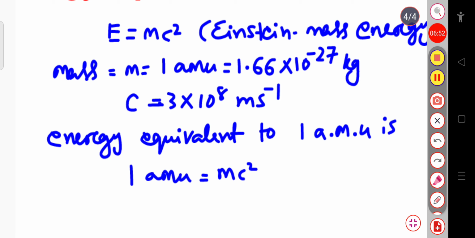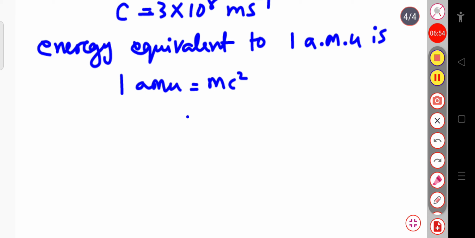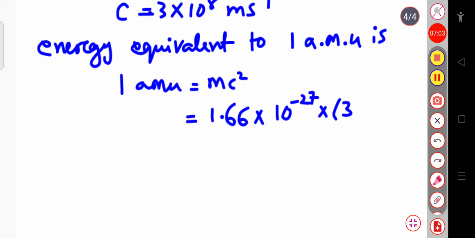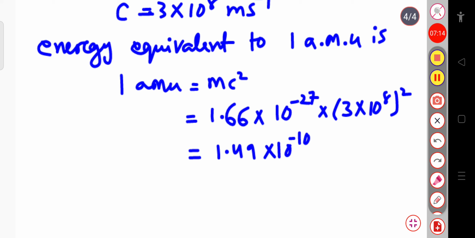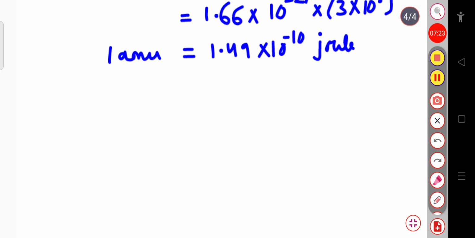For the mass I put 1.66 into 10 power minus 27, into the value of C, 3 into 10 power 8, whole square. If I calculate, this value will be equal to 1.49 into 10 power minus 10 joules. So 1 AMU equal to 1.49 into 10 power minus 10 joule.